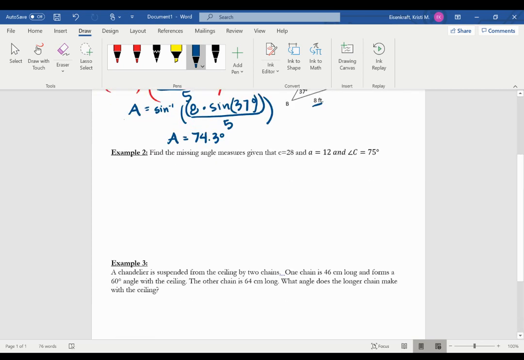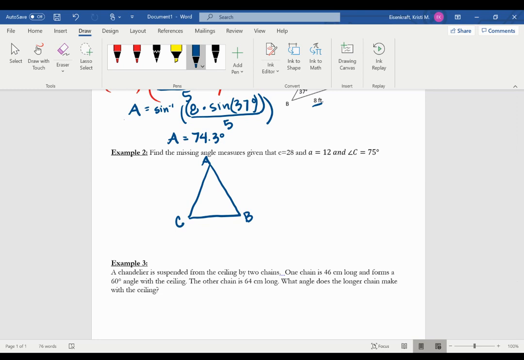Example 2: find the missing angle measures given that side C is 28, side A is 12, and angle C is 75 degrees. So I'm going to make a quick sketch, any old triangle. Call this angle C, A, B. I'm going to mark what I know.